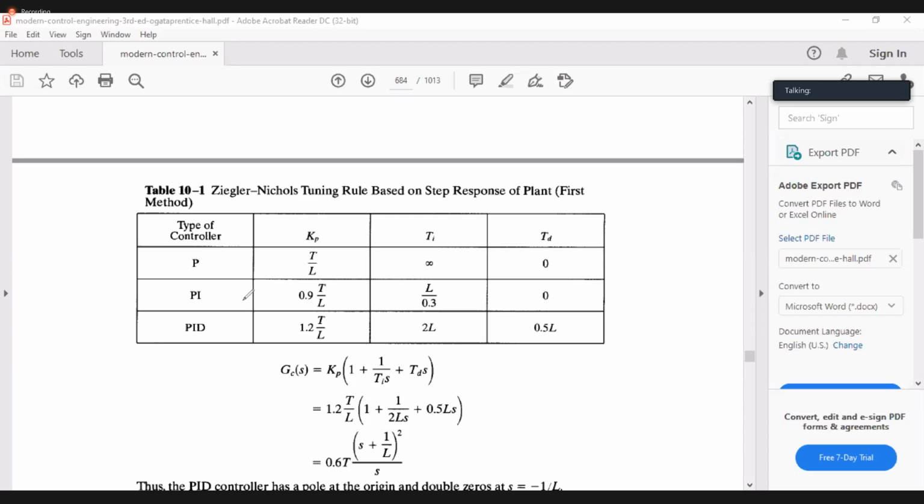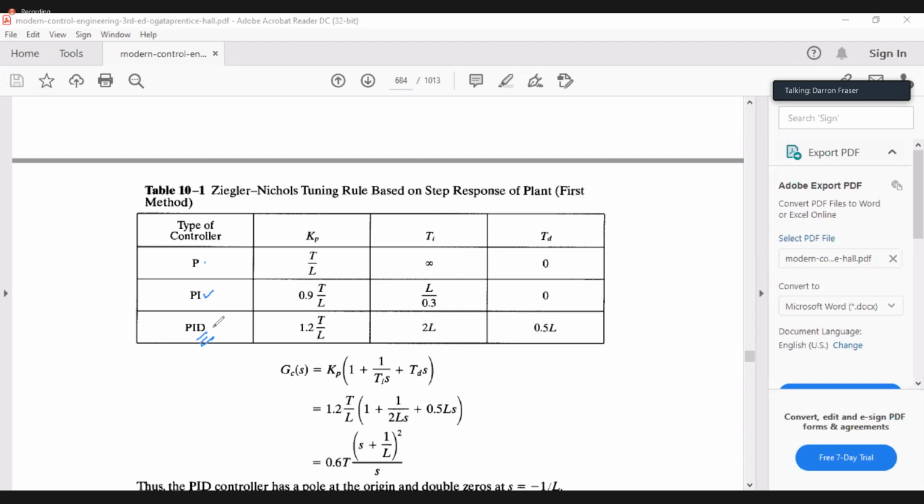Now you have to determine what kind of system you have. The common sense discussion that we had before: if it's prone to noise and you want to control the noise, then you need a derivative controller. Notice that you only have three choices: proportional alone, proportional and integral, or proportional, integral, and derivative. It's your choice.